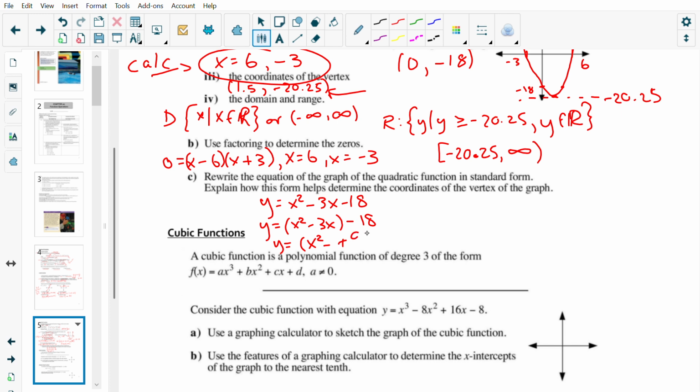So that is plus 9/4. Oops, minus 3x plus 9/4. And then we subtract 9/4 minus 18. And then we want to kick out this negative 9/4. So it's minus 18 minus 9/4.